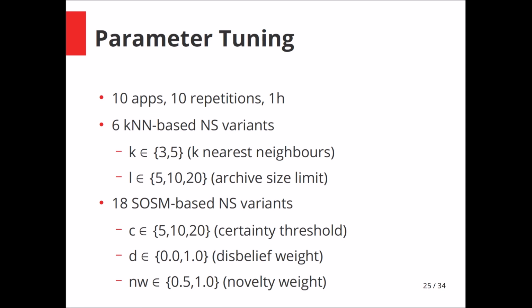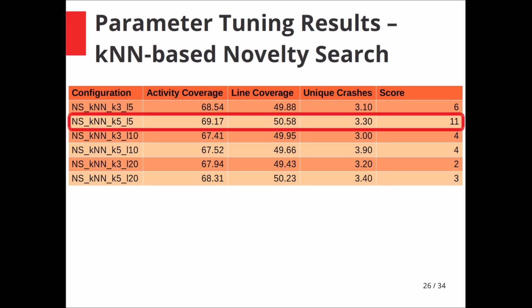For the SOSN based novelty search variant, we investigated 18 different configurations by adjusting the certainty threshold parameter called C, the disbelief weight called D, and the novelty weight. The results for the KNN-based novelty search approach are shown in the given table.